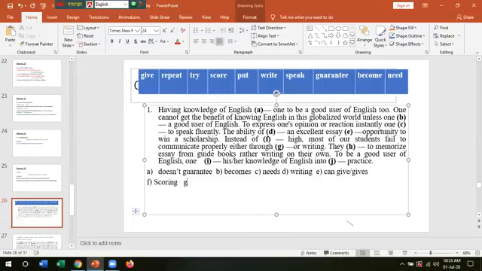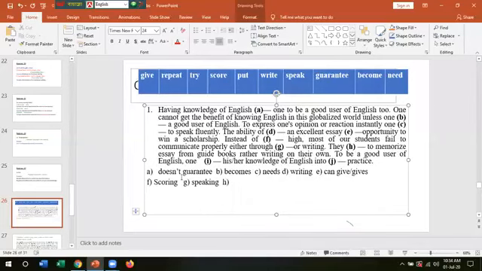Instead of scoring high, most of our students fail to communicate properly either through speaking or writing. Here, another preposition, through, so we have used the verb plus ing format: speaking.